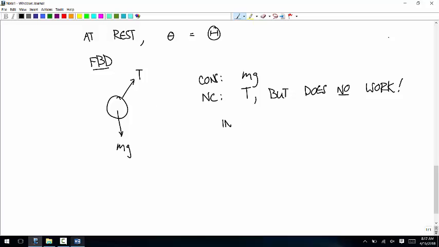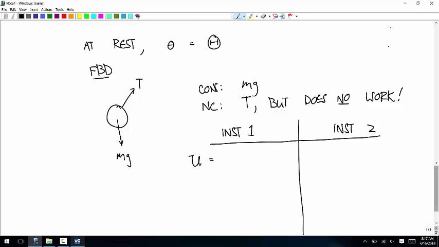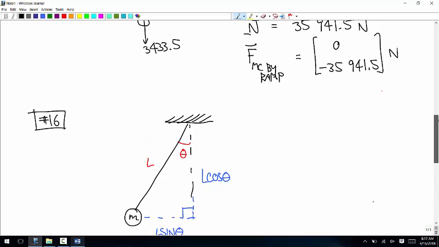So let's set it up. We have an instant 1 and an instant 2. And we just have to do the potential and kinetic energy. At instant 1, the potential energy.